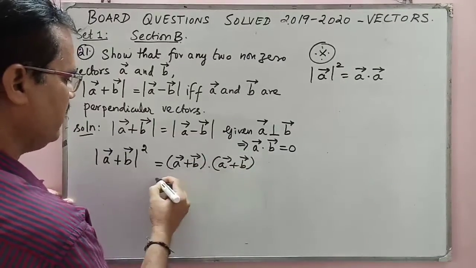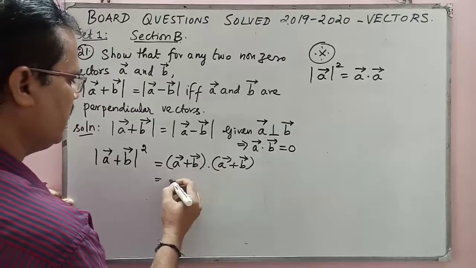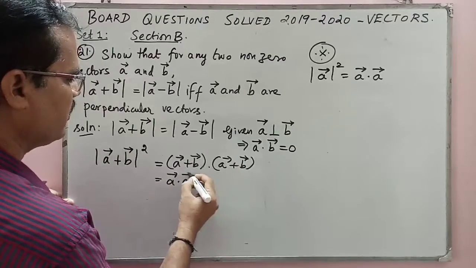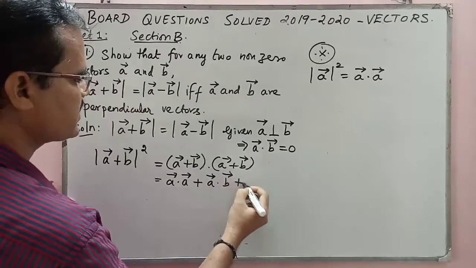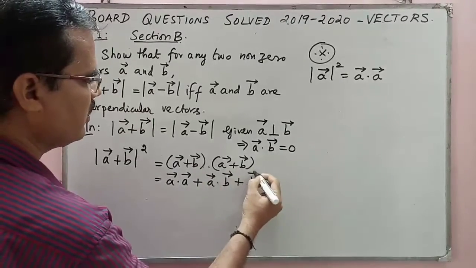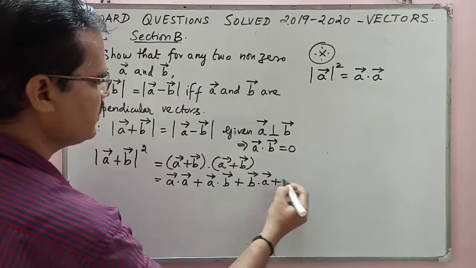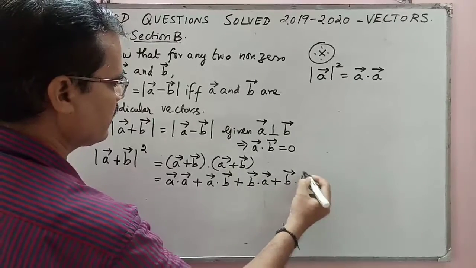Now let us multiply. It is a normal multiplication. A vector dot A vector plus A vector dot B vector plus B vector dot A vector plus B vector dot B vector.